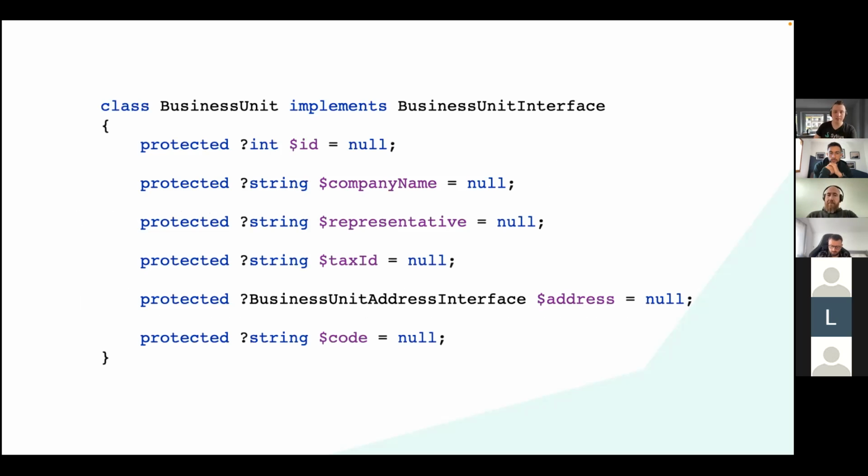The implementation itself is pretty simple, just an entity that has a relation to the channel, has a relation to the address, some information about the company name, who is the representative, and tax ID are also here just for accounting purposes.